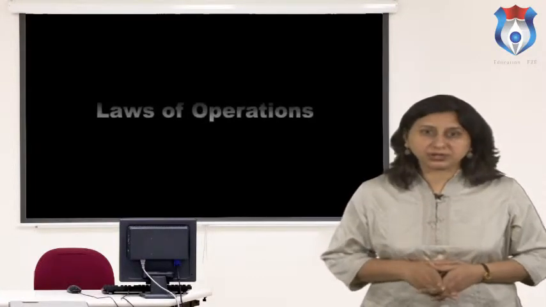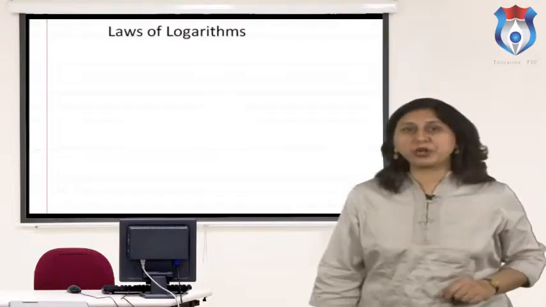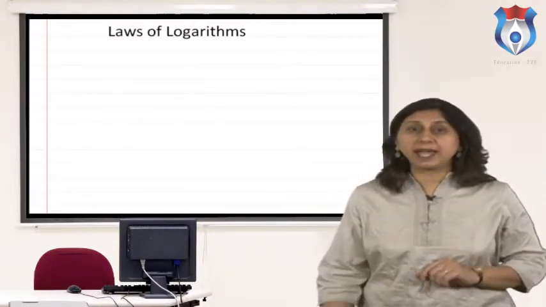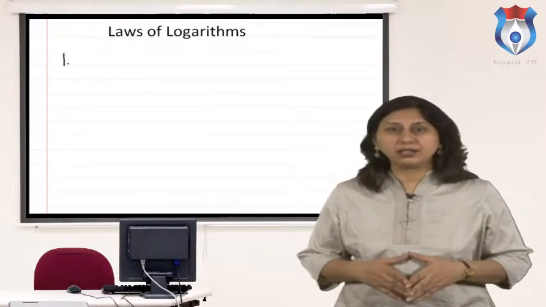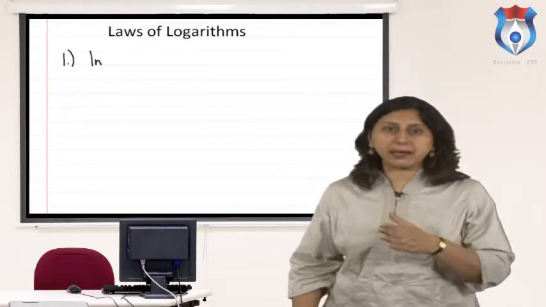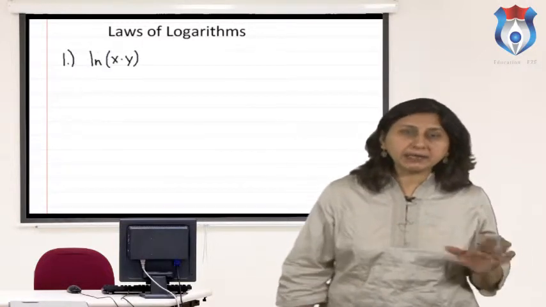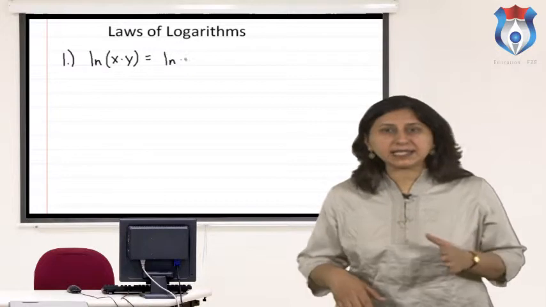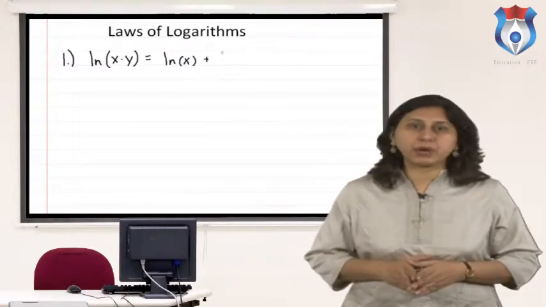Laws of operation. Now we will talk about the laws of logarithm and how to apply them. Laws of logarithm, which are valid for any base a greater than 0 but not equal to 1.